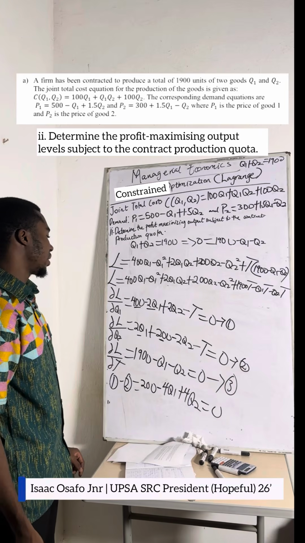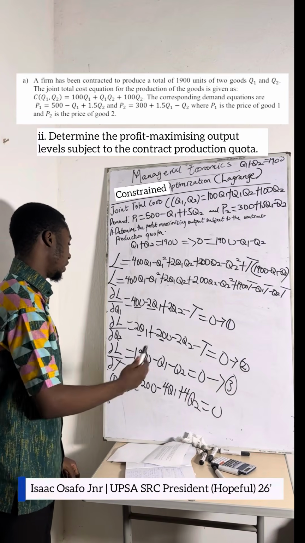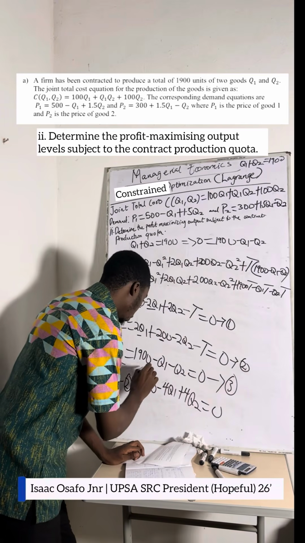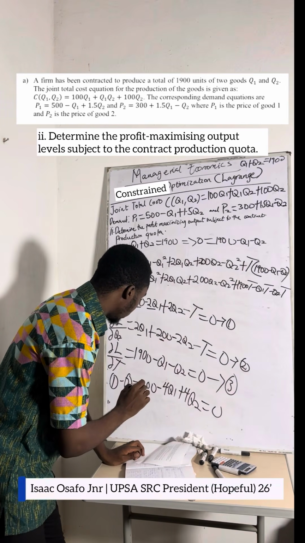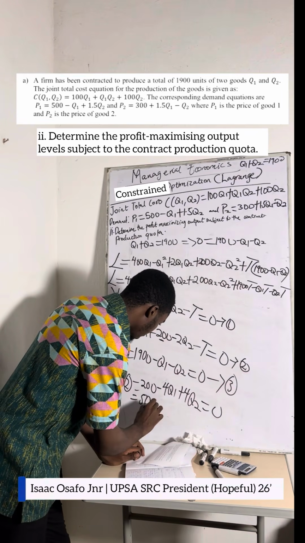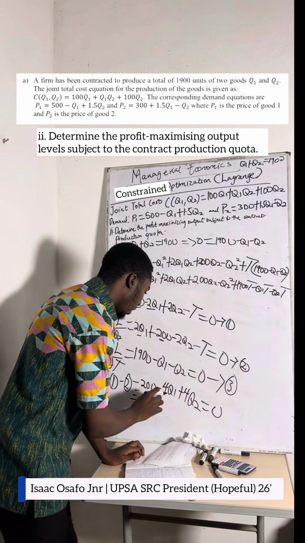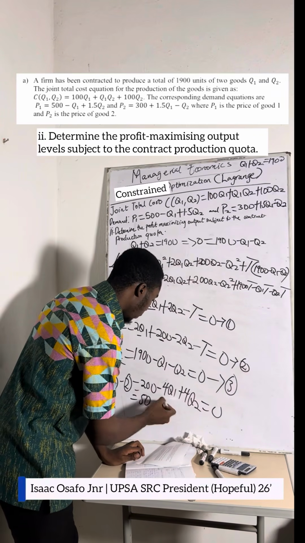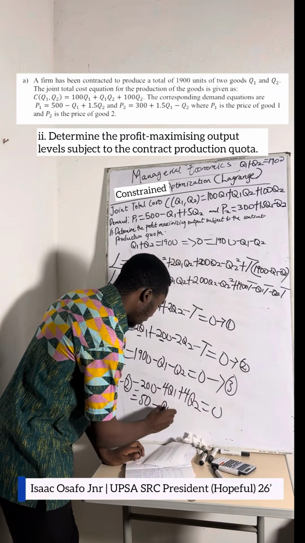We can divide each of the terms by 4. You get it? So in dividing each of them by 4, 200 over 4 should give us 50, if I'm not mistaken. Yes, 50. Then minus 4K1. 4K1 divided by 4 is the same as 1. So negative K1.